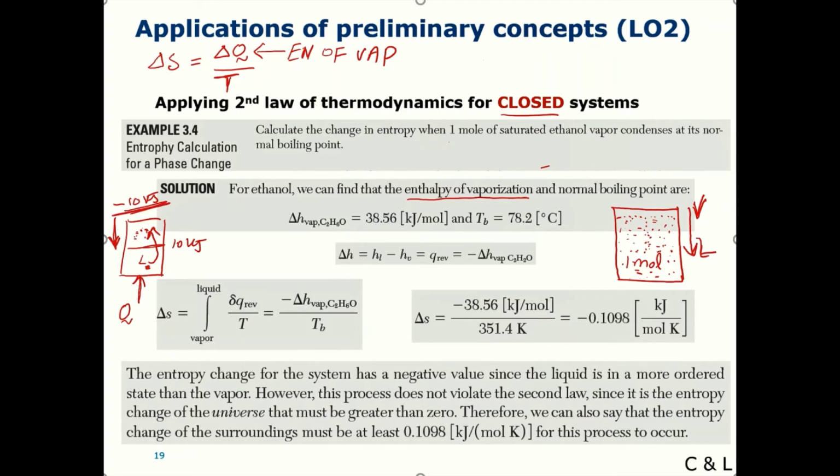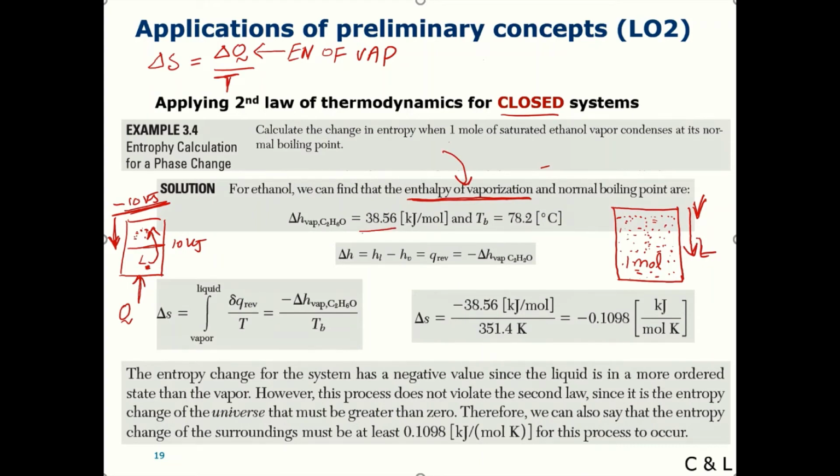So the enthalpy of vaporization is the amount of energy required to make liquid into vapor. But in this case we are condensing, so logically it makes sense that we need to remove that energy from the process to make it liquid again, right? So that's why it's given that enthalpy of vaporization is here.